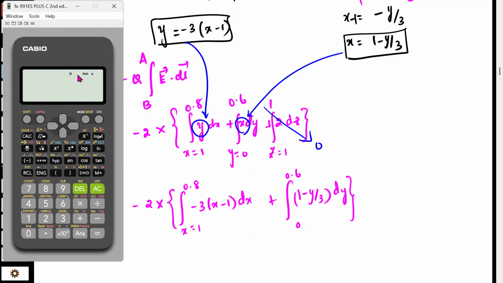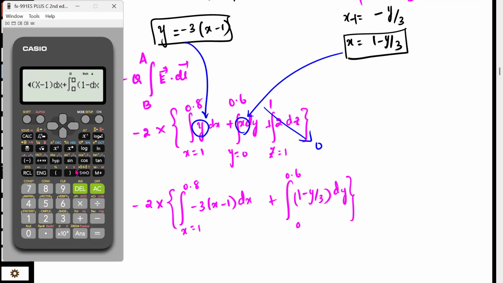So the calculator must be in radian mode, and I should type minus 2 times the first integration, which is minus 3 into x minus 1, and the lower limit is 1, upper limit is 0.8. You can do it by yourself also without using the calculator. Since these expressions are simpler, you can compute it.